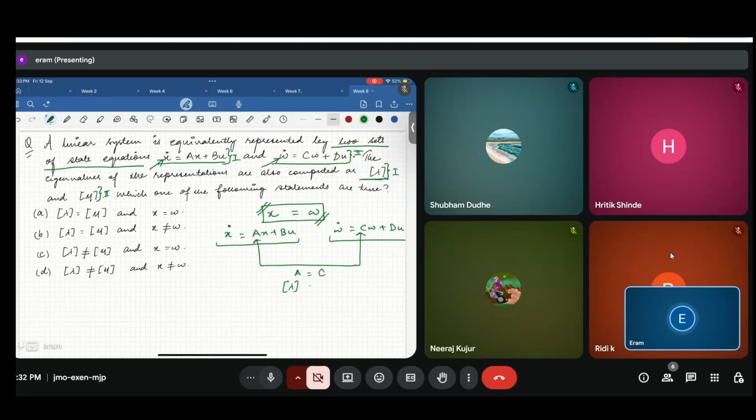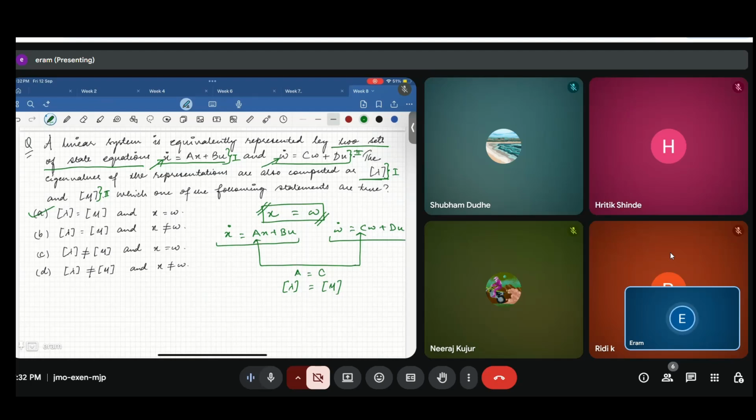So lambda will be equal to mu also. So option A, I think, is correct, because it is saying that if x equals w, then the set of eigenvalues will also be equal. Are you convinced with this option? Yes, ma'am.